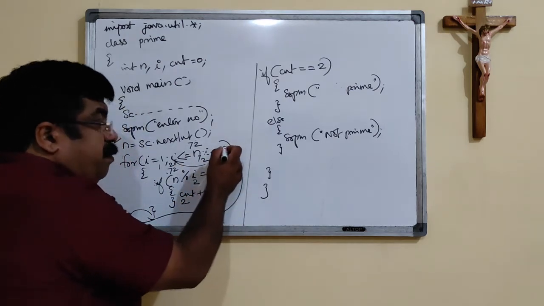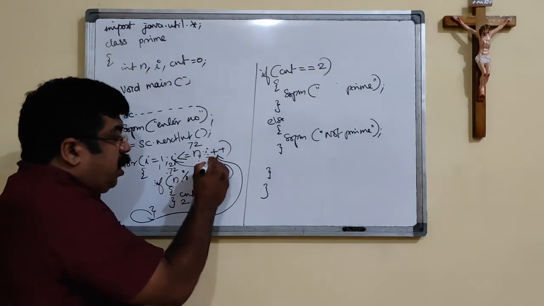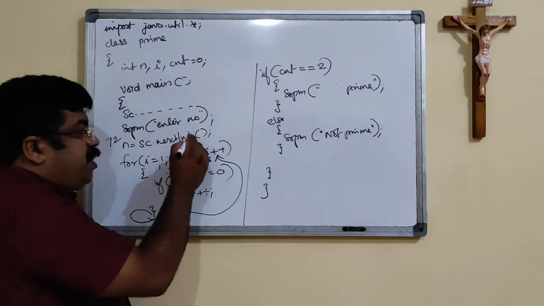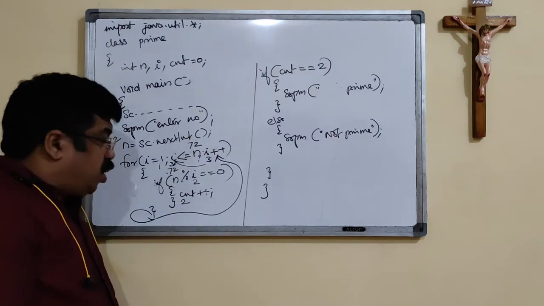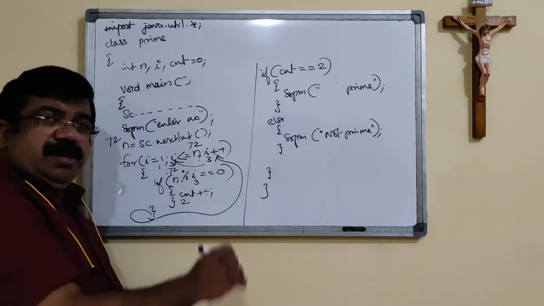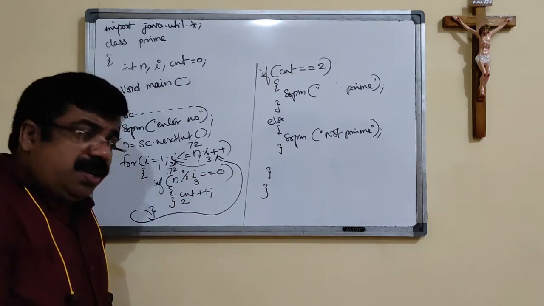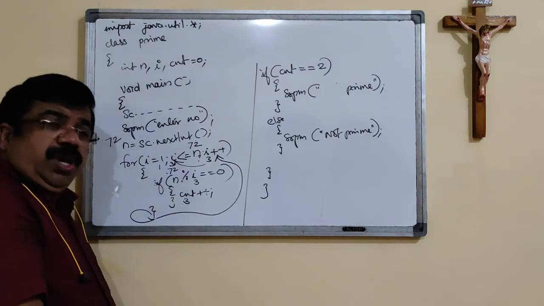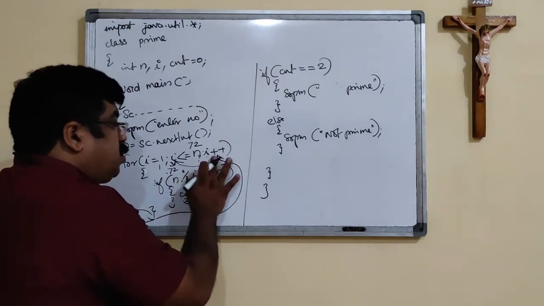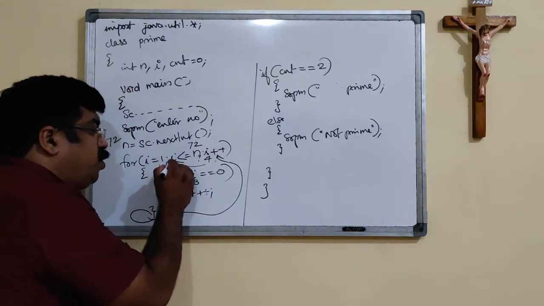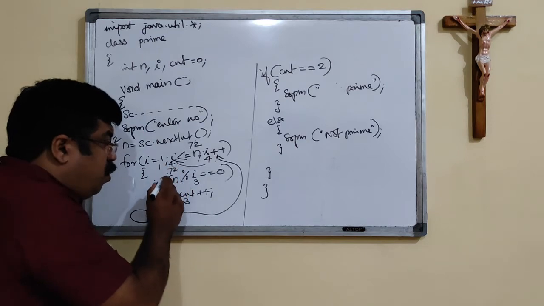Again it is incremented. i became 3. Checking whether 3 is less than 72. Yes, condition true. Checking if 72 can be divided by 3. Yes. Count will become 3. i will become 4. 4 less than 72 is true.